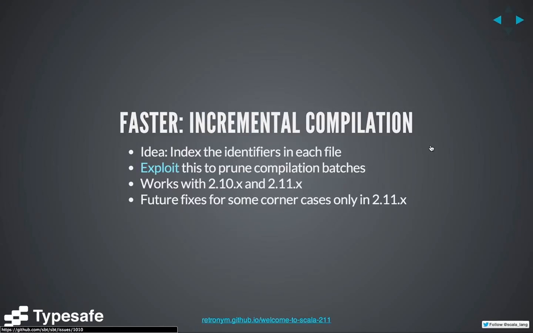So the idea of incremental compilation is to keep metadata around from the previous compile run, which helps us to identify the dependency graph between the files within your project, and exploit that dependency graph after you've edited some files and you want to recompile your project.